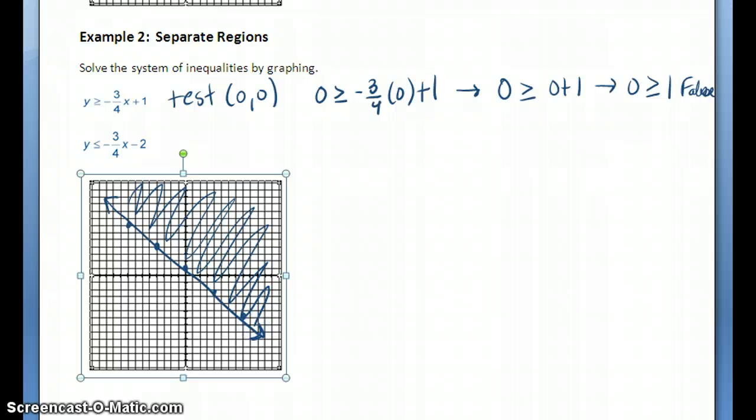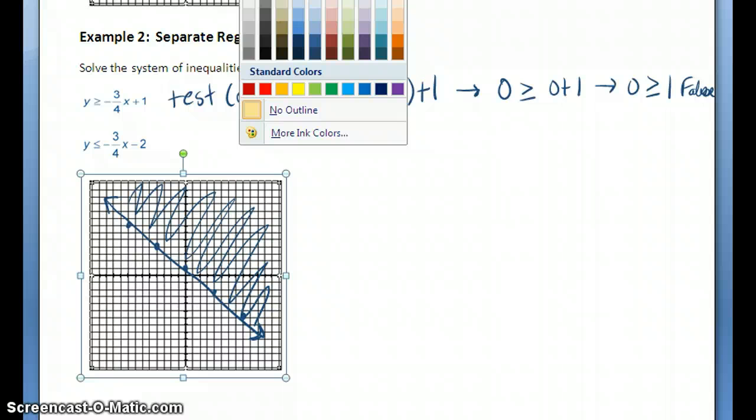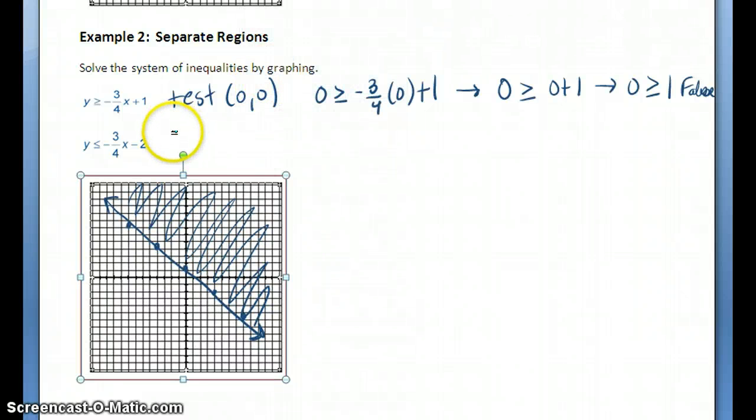The second one, and let's just change colors, do something a little different. My second one is y is less than or equal to negative 3/4 x minus 2. So I'm going to start on negative 2. And I'm going to go down 3 and over 1, 2, 3, 4. And up 3 and back 1, 2, 3, 4. And I could keep going down 3 and over 4, and up 3 and back 4.